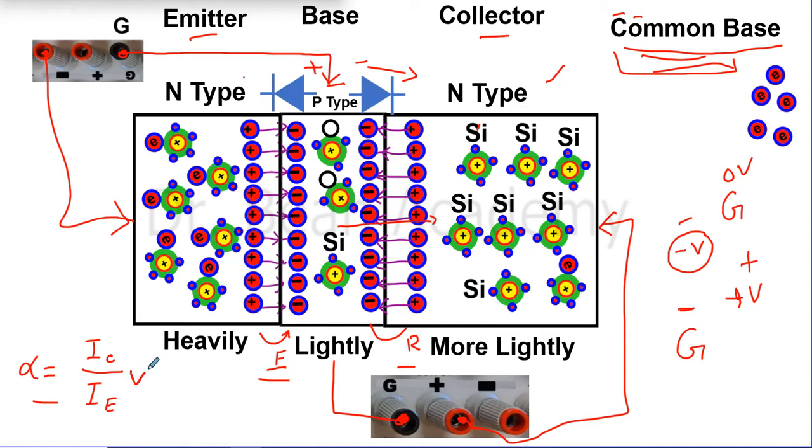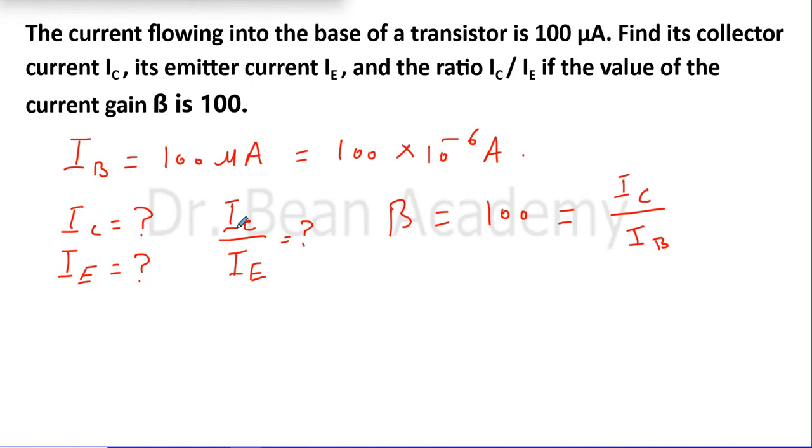So IC over IE is actually the current gain factor alpha. This is the current gain in common base mode. So I can write here alpha, because those students who are familiar with this notation know alpha is this ratio.